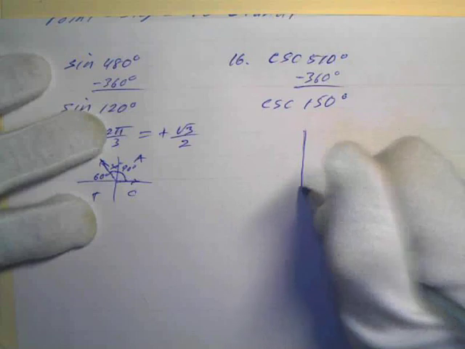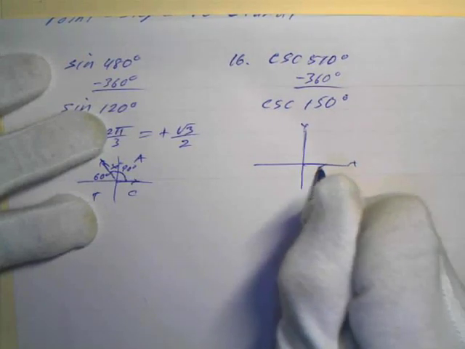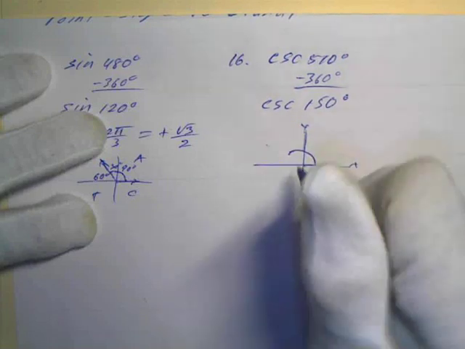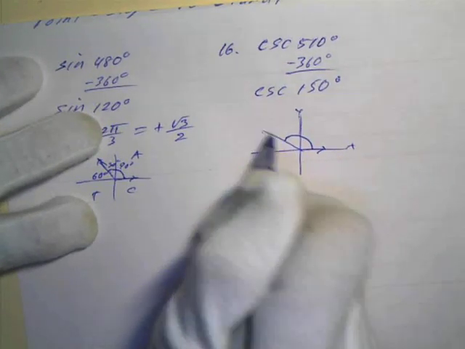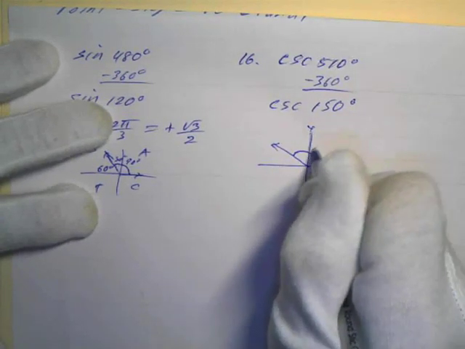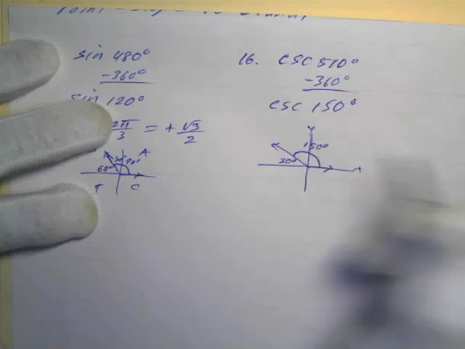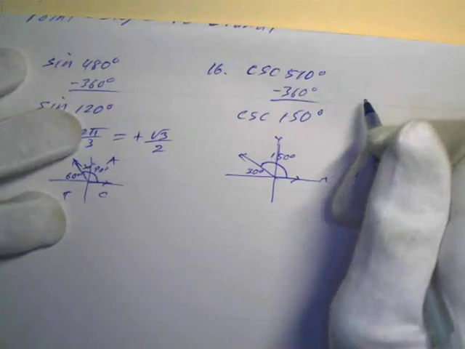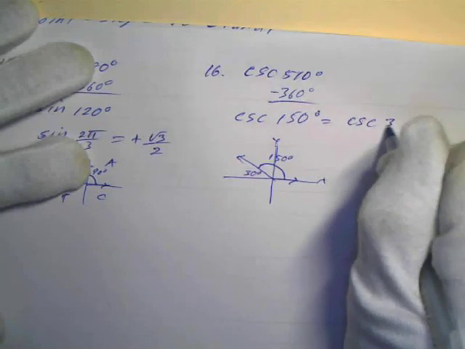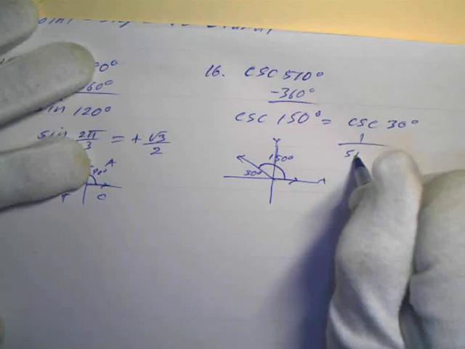If you want, you can sketch that if that helps. We start over here. We're going to go all the way over here, 90 and 60. So that's going to be my 150 degrees, and there's going to be 30 left to make 180, so this would be 30. So it's going to be the same thing as the cosecant of 30 degrees, which is going to be 1 over the sine of 30 degrees.